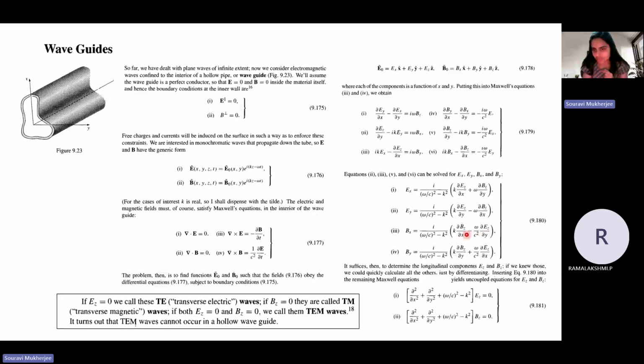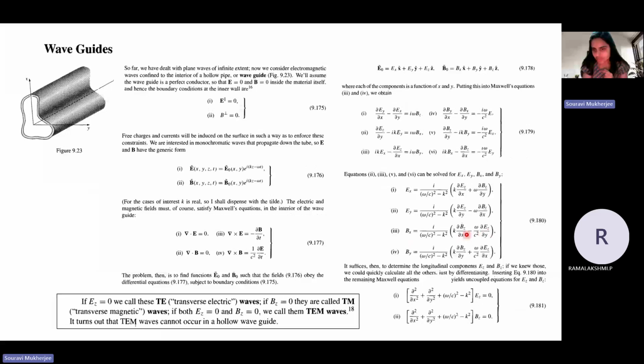So from here, now you know how your expression of Bz should look like, right? So Bz, which is some product of X and Y, where X is a function of small x, Y is a function of small y, will take up a form something like this. So you can understand this depends on the dimensions of your waveguide. Okay, the value of a and b is important, right?